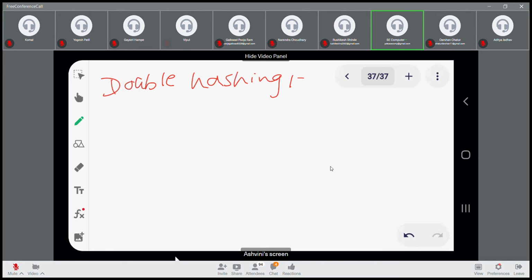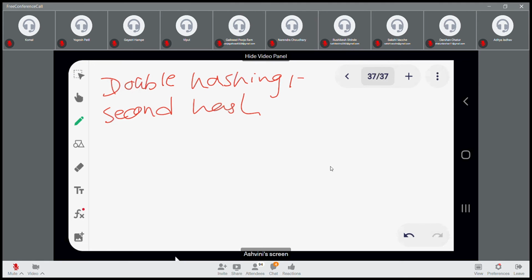Okay, thank you. So double hashing is a technique in which a second hash function is applied to the key when the collision occurs.